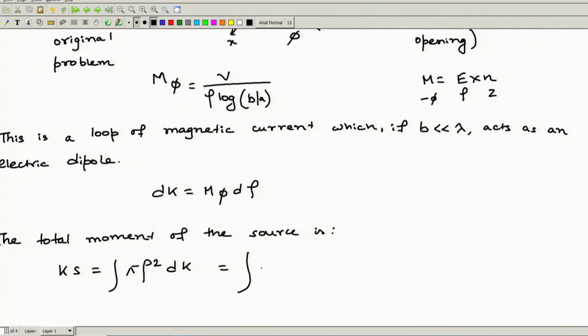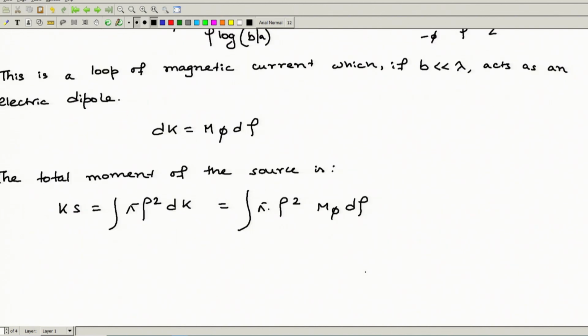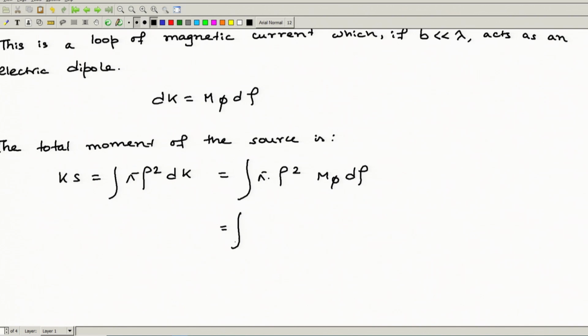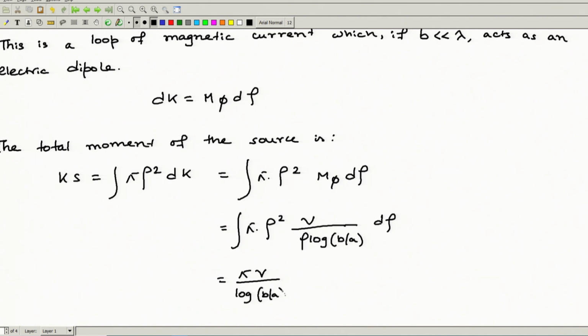In place of dK we substitute M phi d rho, and in place of M phi we have V upon rho log of B by A. So basically we will have pi V upon log of B by A, and this integration will run from a to b of rho d rho.